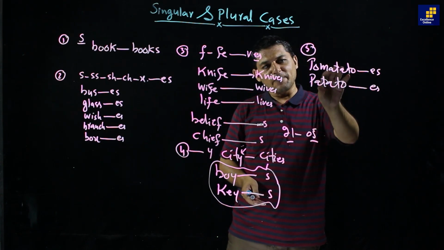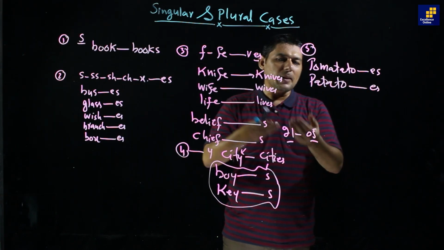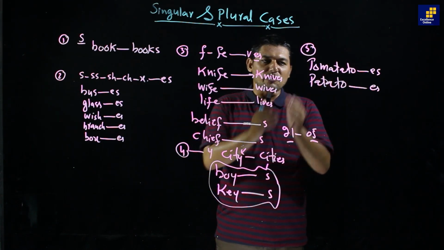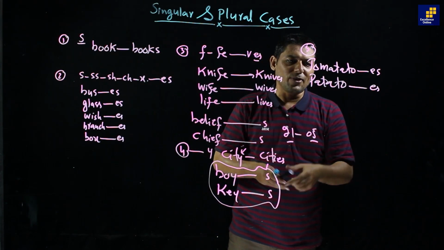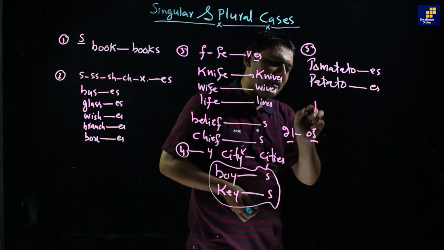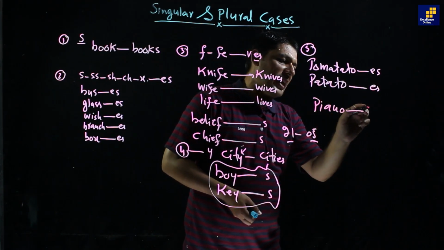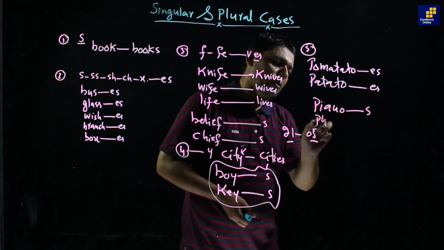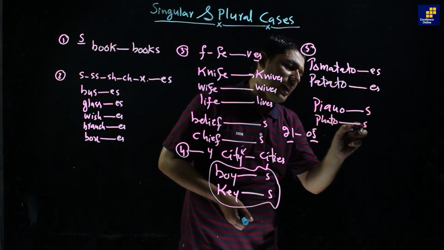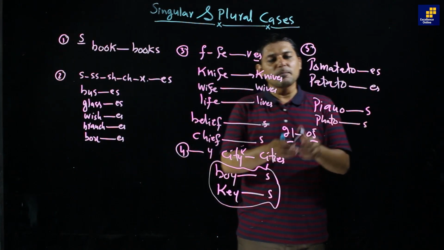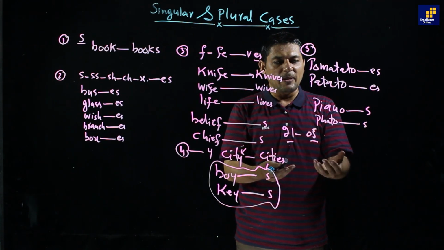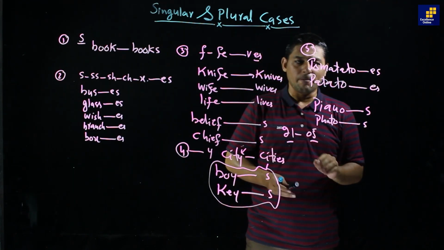Clear? But apart from these 2 examples, we have certain cases where this formula is not applied. Exception cases we have. One exception case is piano, only s, and then photo, only s addition. Apart from these 2 examples, we have more examples where this formula is not applied.